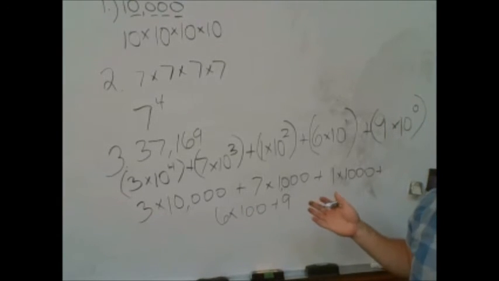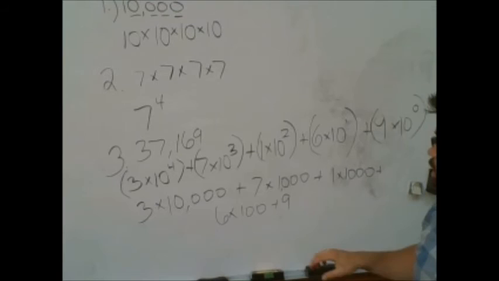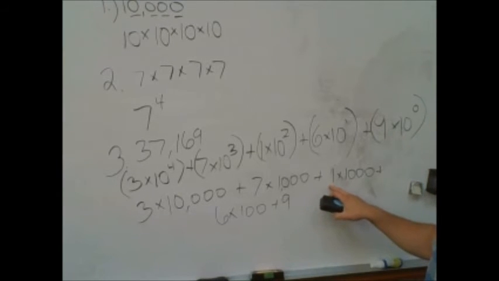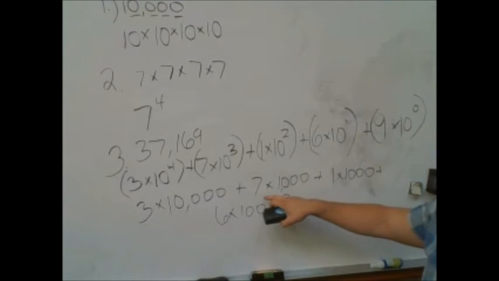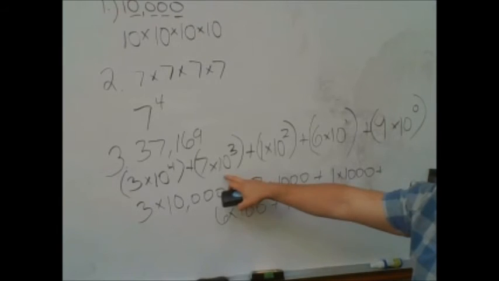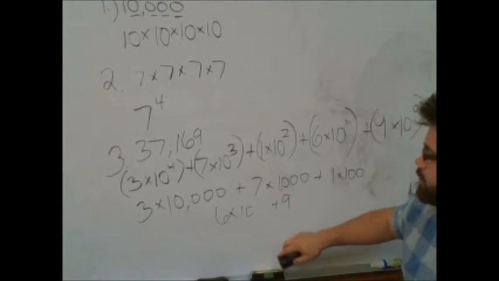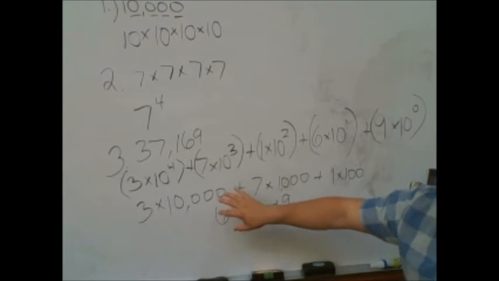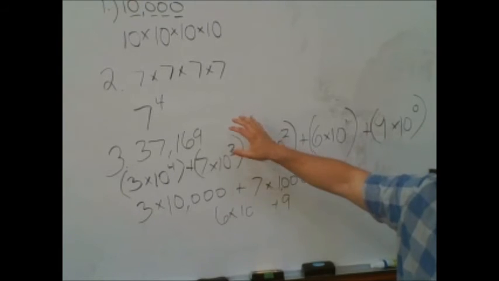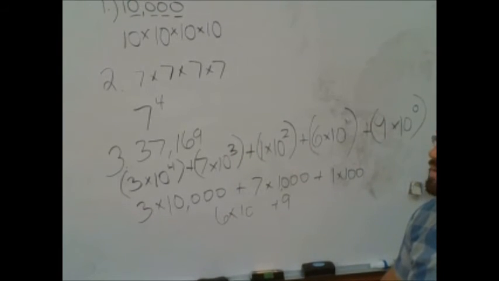Okay, and I was looking back and I just caught a mistake that I made. When I was showing you how this looks, it's 7 times 1,000 here. 1 times, it's not 1,000, it's just 100, and that threw that off there. But that's just showing you that this does translate into exponential form. It's looking for place values.